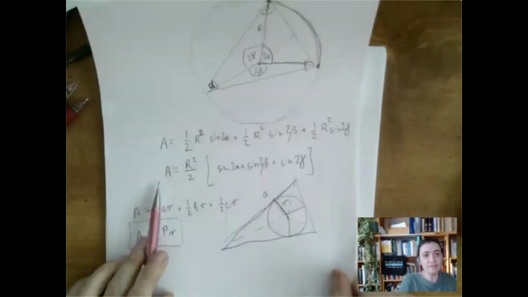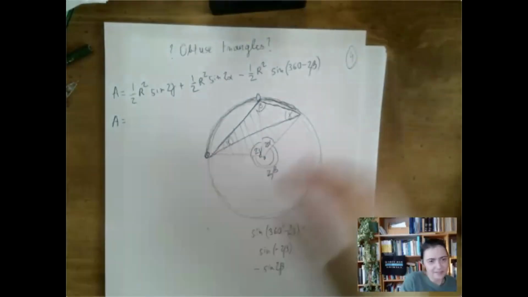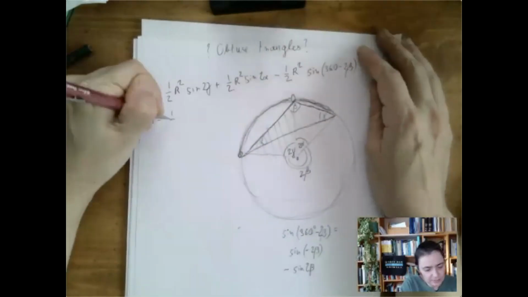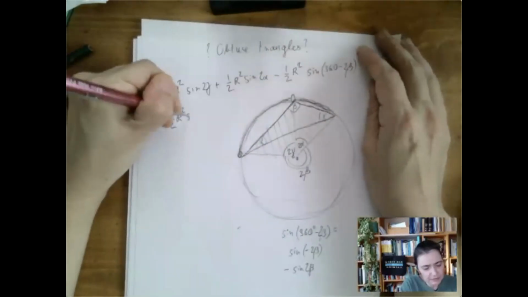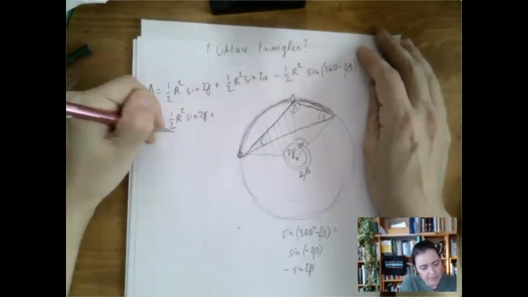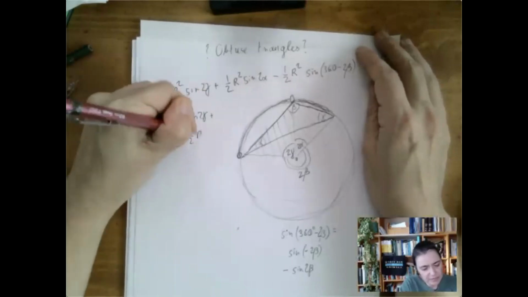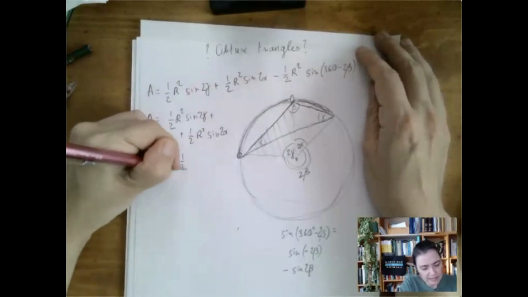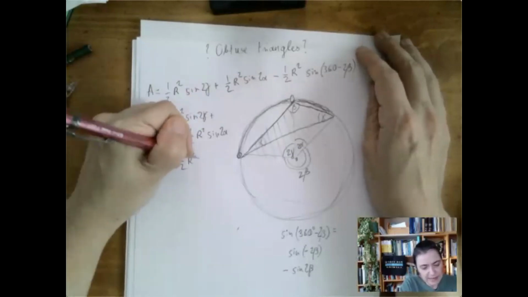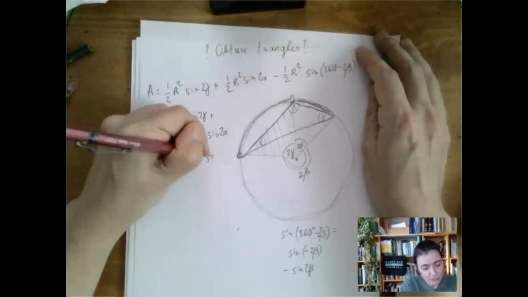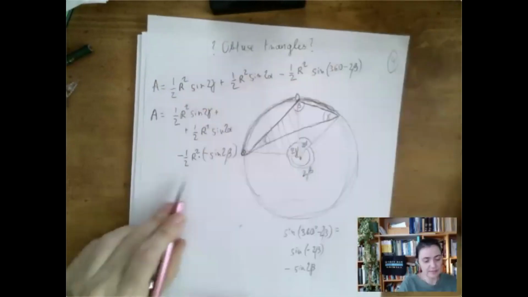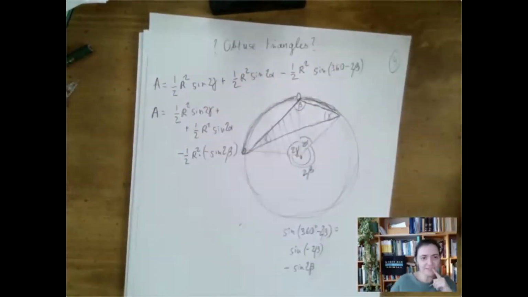This formula still works. Right? If I say, so I'm just going to repeat this, 1/2 r squared sine of 2 gamma plus 1/2 r squared sine of 2 alpha, and then minus 1/2 r squared times minus sine 2 beta. And there it is. So the formula still works. I found that lovely.